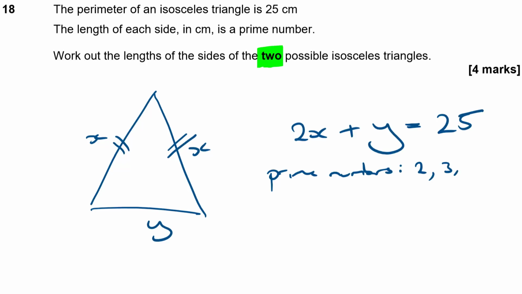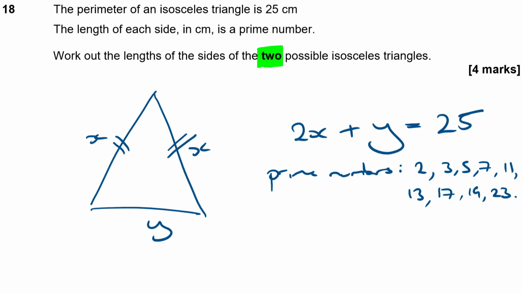And then we've got 3, 5, 7, not 9, 11, 13, not 15, 17, 19, not 21, 23 is one though, isn't it? Okay, so we need to find 2 primes that fit this triangle then.